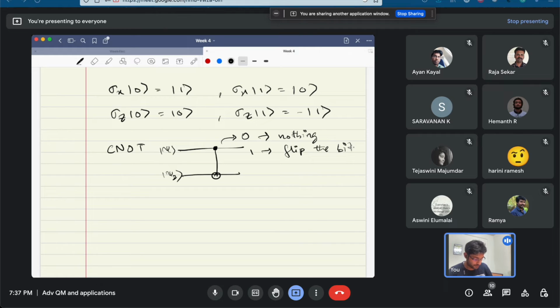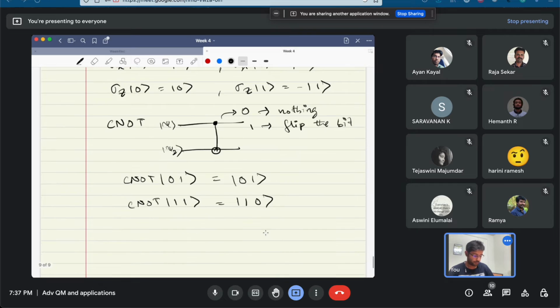So for example, if you are operating CNOT on 0 1, it won't do anything and you will get the same state out. But if it's operating on 1 1, then it will flip the bit, so you will get 1 0 here.